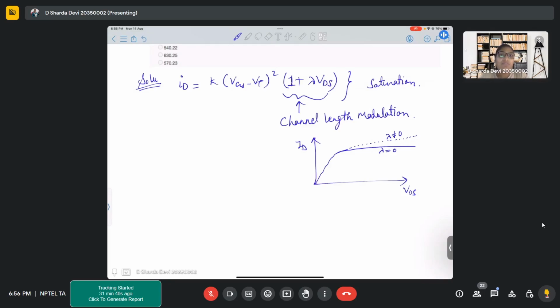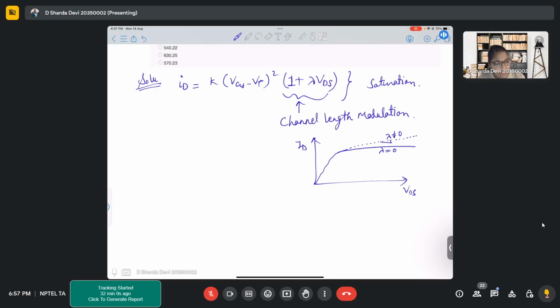So that current is not independent of VDS; rather, it slightly increases with an increase in VDS. That's why you see this dotted line type of curve. Because of this, your current is not saturated or a constant value. So it's not an ideal current source anymore. It is a practical current source, and there is a slope.